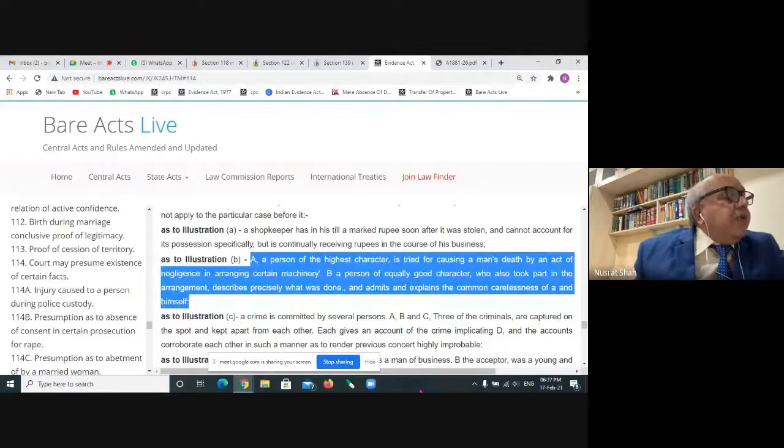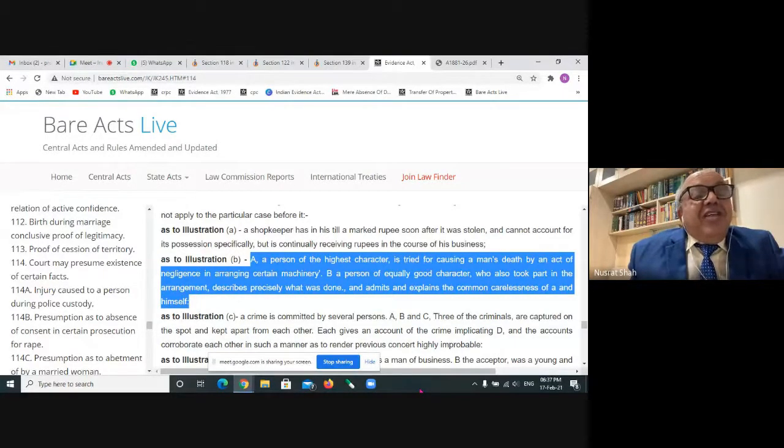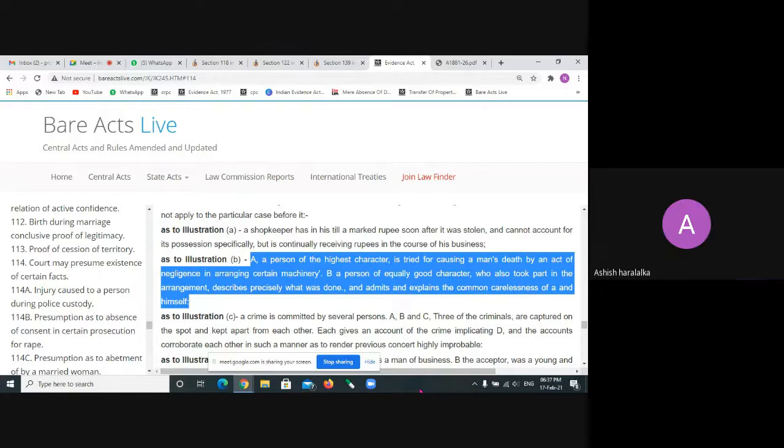See, as per this illustration, somebody of good character admits it, so the court may presume that he is a gentleman. Like today, for example, MJ Akbar versus Ramani's case, his defamation case has been dismissed. You know that here. Ramani has laid evidence that MJ Akbar does not have a reputation. Did you read today's order or not? Delhi court judgment. No, sir, but he managed to prove that, sir.